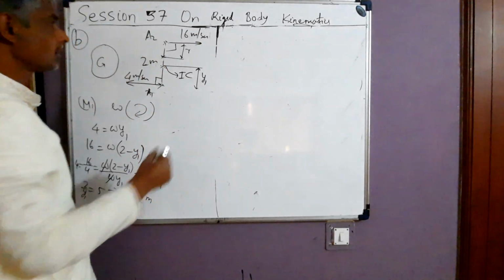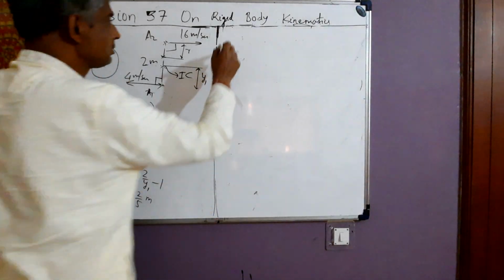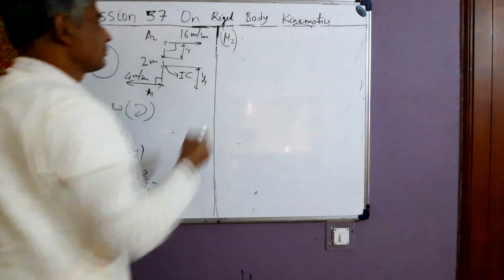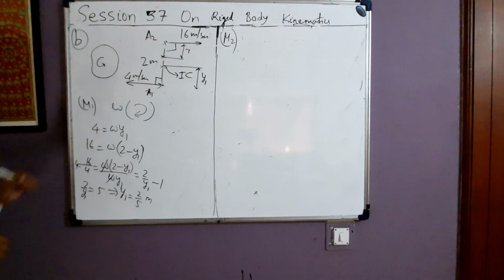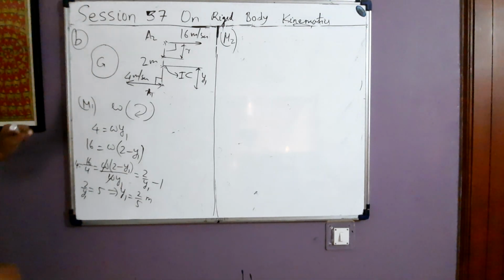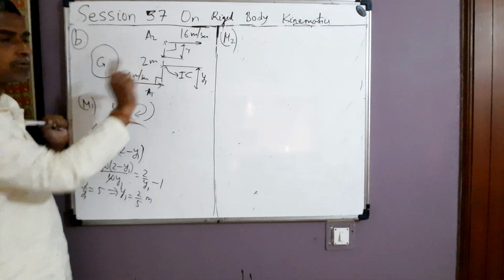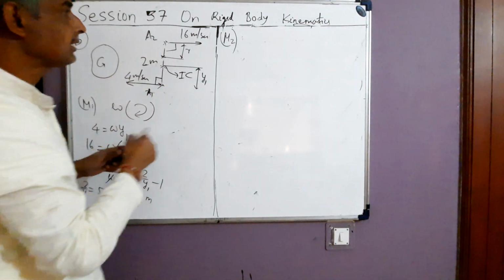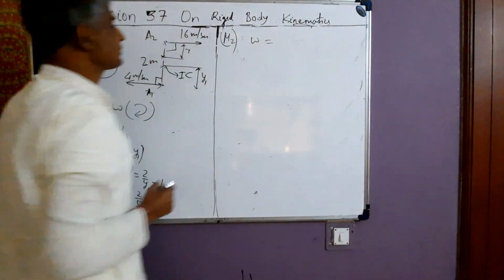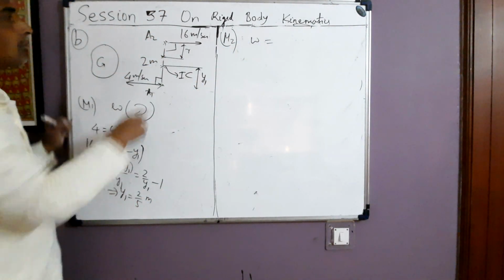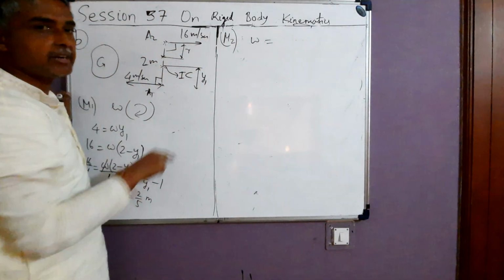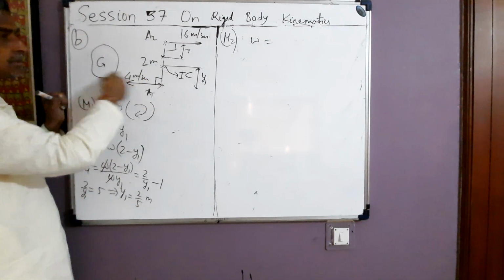Alright. Now method 2. In method 2, I don't write two equations, I write simply one equation. First I determine omega. Omega becomes relative normal speed by separation. Normal speed of A2 is 16 meter per second rightward, and that of A1 is 4 meter per second leftward.